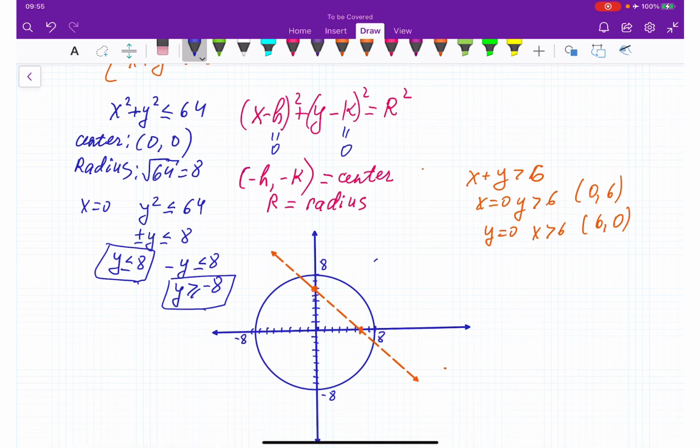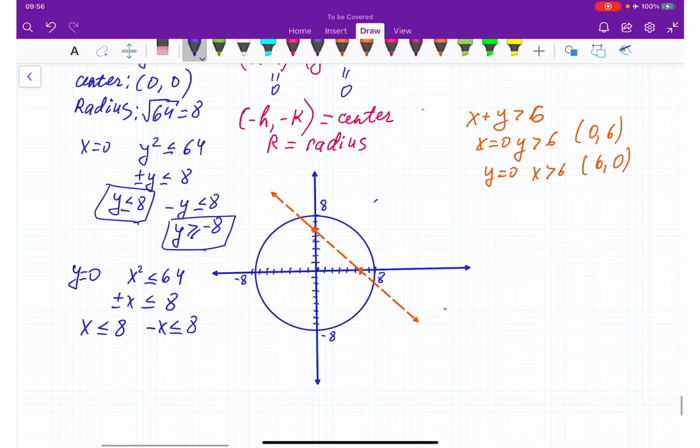Now let's take y is equal 0. It's going to be the same way between negative 8 and positive 8. X squared is less equal 64. Plus minus x is less equal 8. And then positive x is less equal 8, and negative x less equal 8, from here will be x is greater equal negative 8.